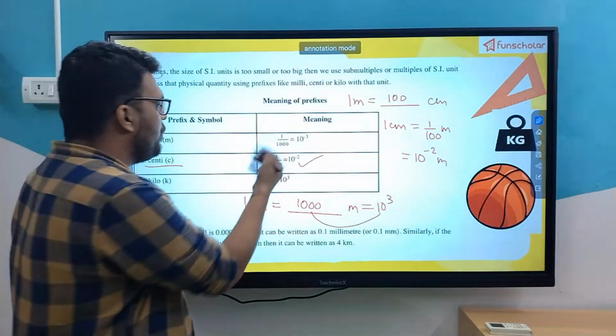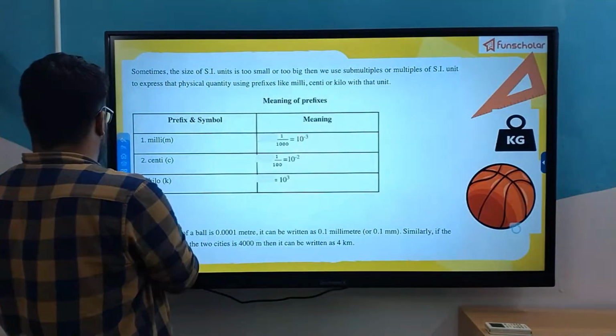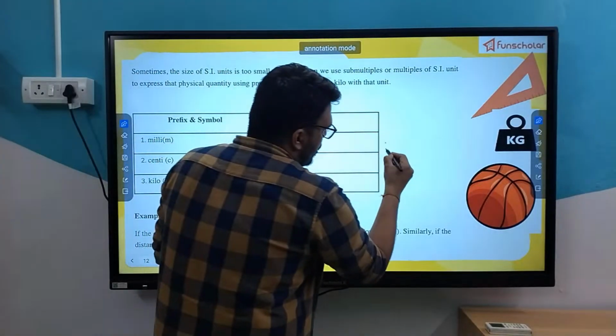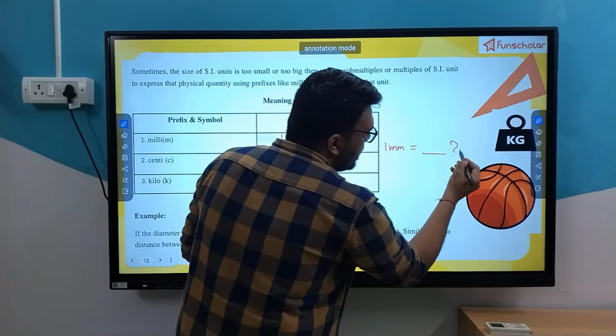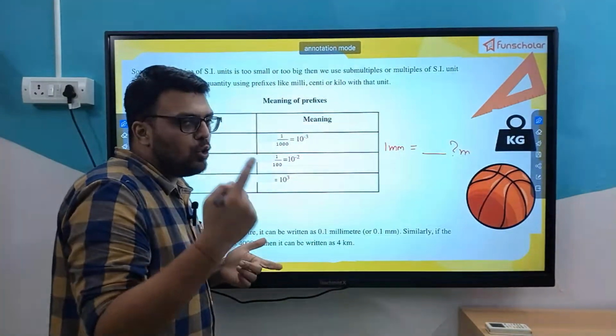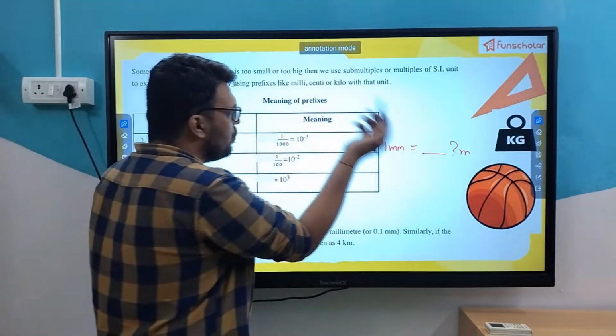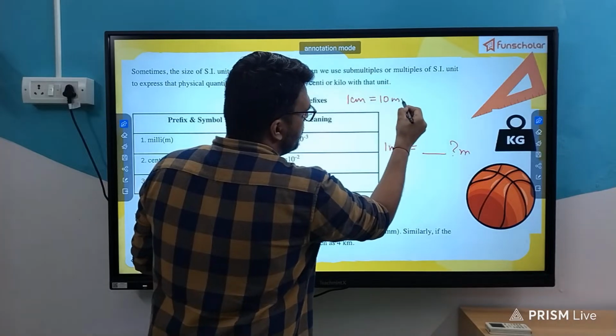Okay. Now for millimeter, there is a relation: 1 millimeter is equal to how many meters? You solve it yourself first. So pause the video and try to solve it. So we know that 1 centimeter has 10 millimeter.